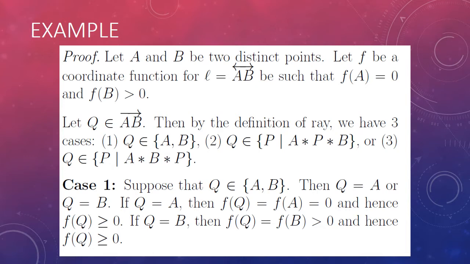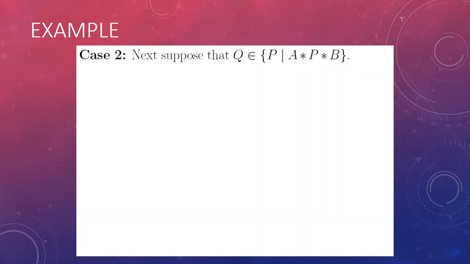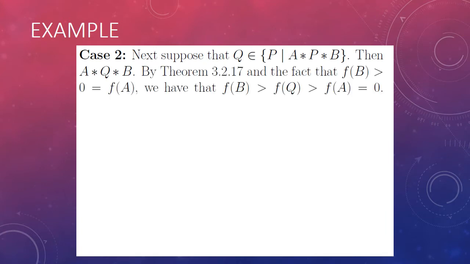Notice these are all complete sentences, and they describe exactly the logic that we pointed out in our two-column proof. Now for case 2, we suppose that Q is in this piece here, because that's the second part of the ray. Then that tells us that Q is between A and B, and then we can apply theorem 3.2.17 to do exactly what we pointed out in the outline.